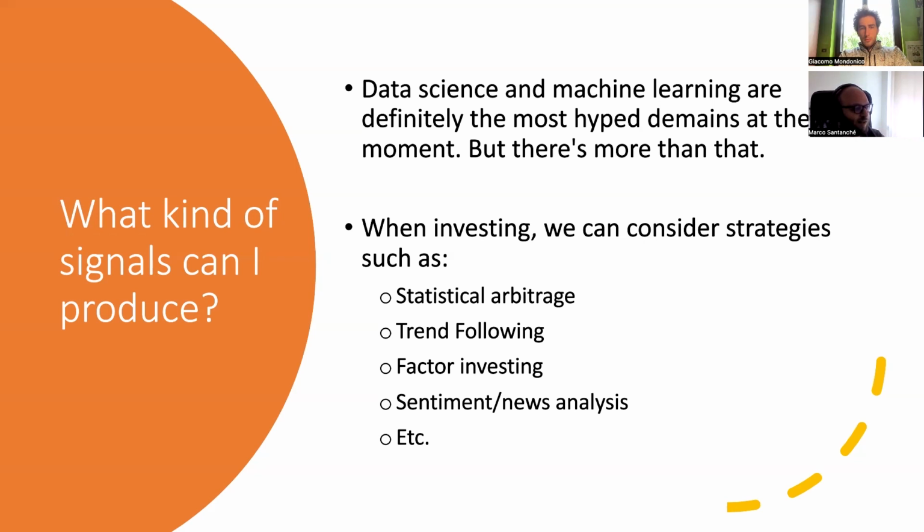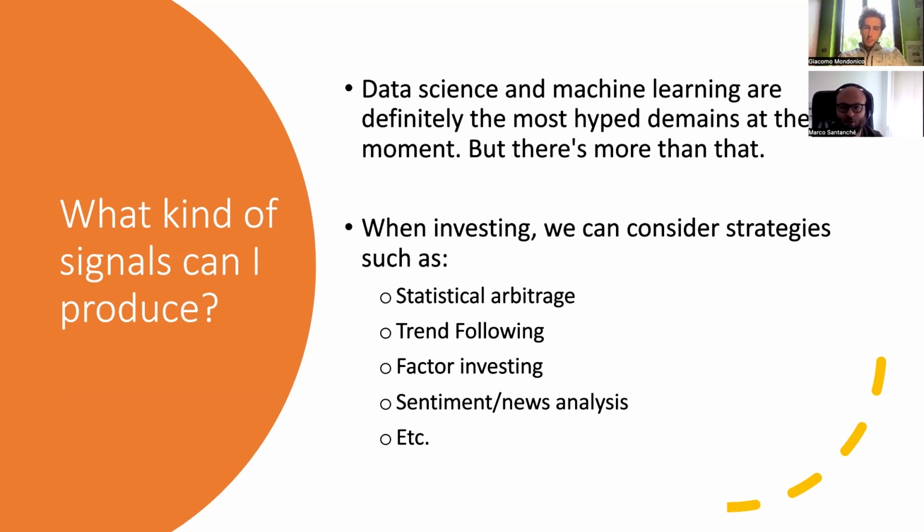And my experience was normally that simple signals are very effective when used appropriately with risk management and asset allocation. Normally, we consider signals that allow us to develop strategies such as statistical arbitrage strategies, trend following strategies, factor investing style strategies, so something considering, for instance, a ranking system or a cross-sectional system that looks at multiple assets in a row, let's say, of our data and picks the most attractive ones according to some rationale.